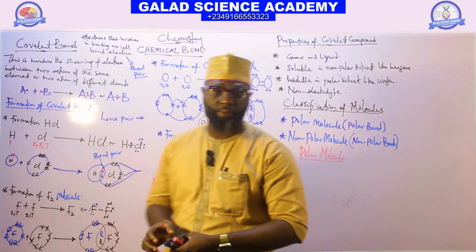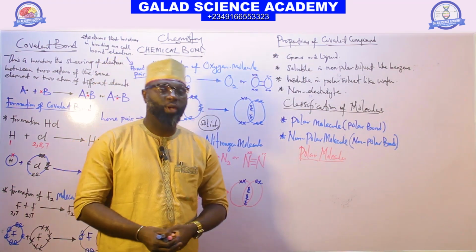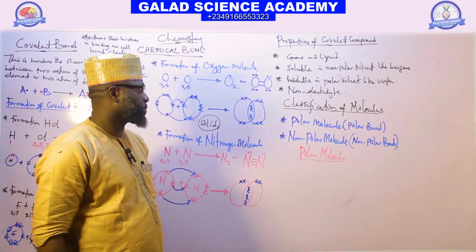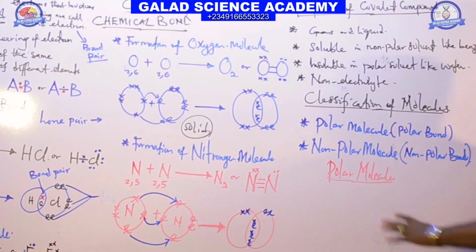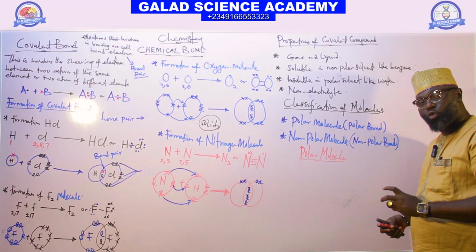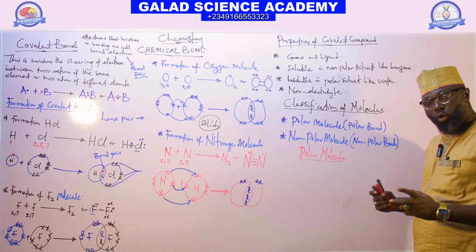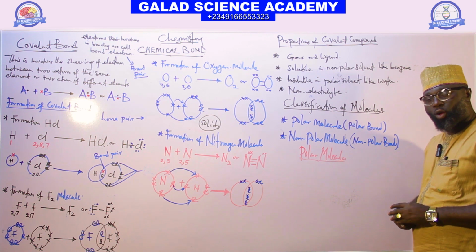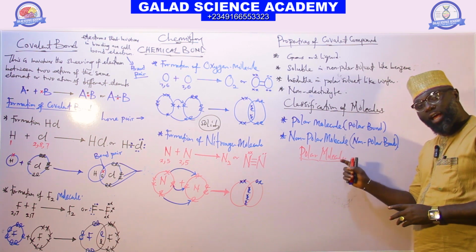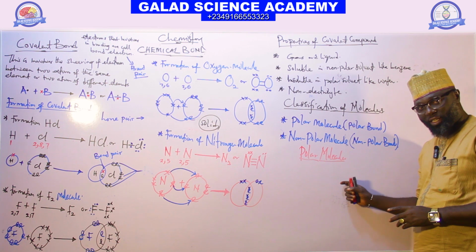What is a polar bond, or what is a polar molecule? A polar molecule can be defined as a molecule that is comprised of two or more atoms of different electronegativity.